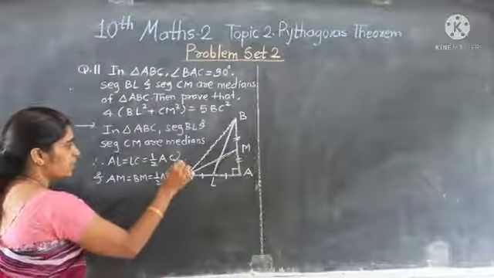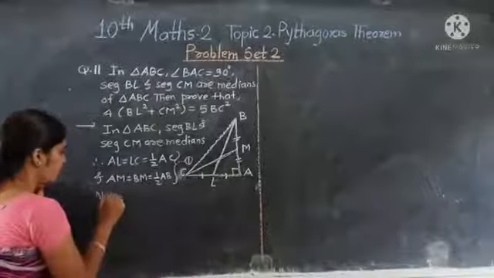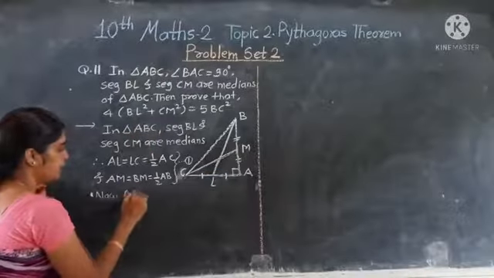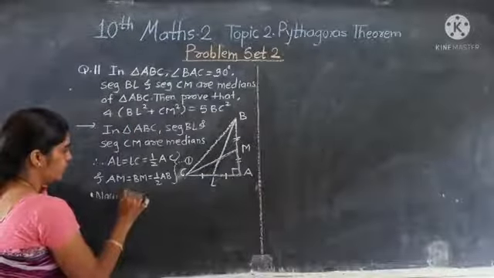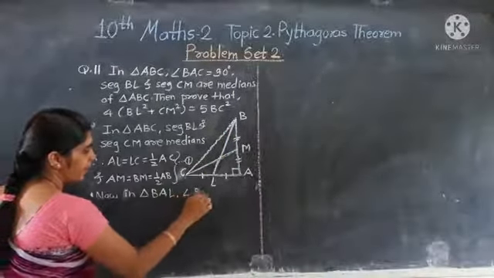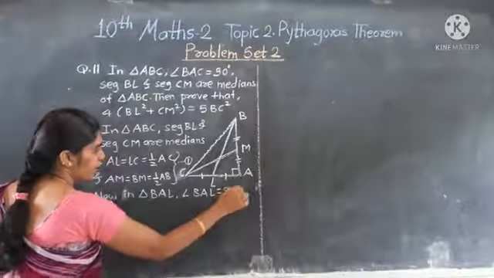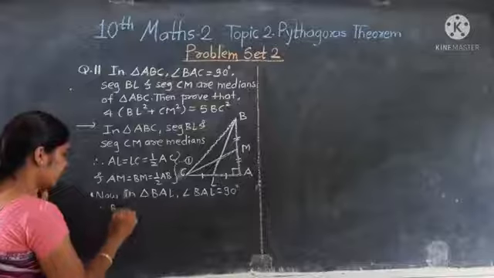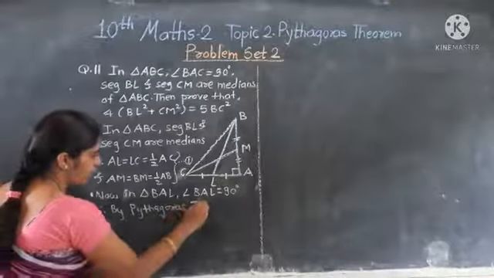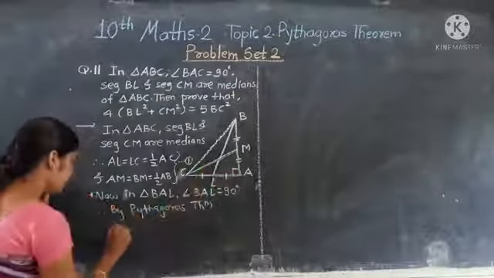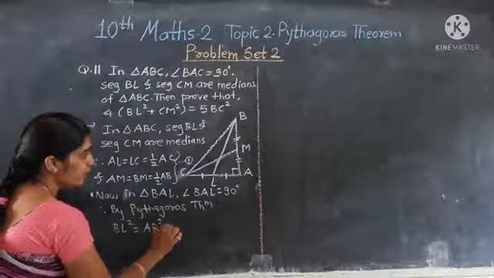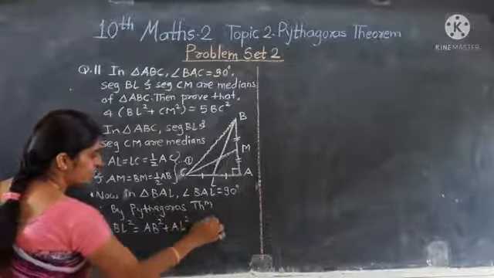You call this equation number first. Now, in triangle BAL, angle BAL is equal to 90 degree. Therefore, by Pythagoras theorem, you can write BL square is equal to AB square plus AL square. You call this equation number first.